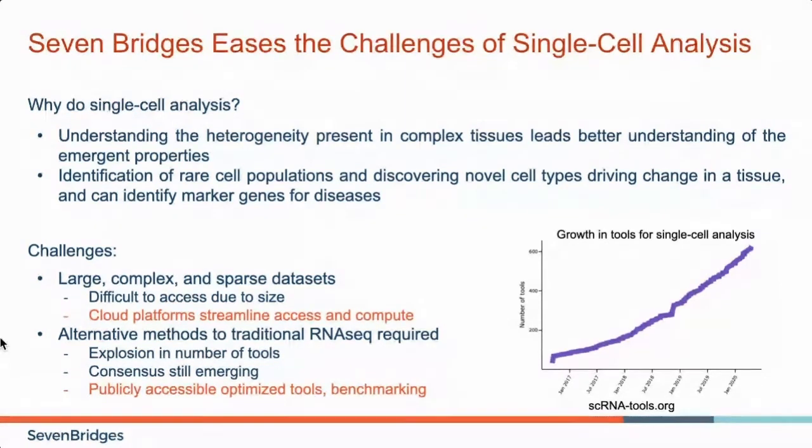And by looking at things individually, you can get greater insights from the smaller populations that are likely driving the true biological changes, like, again, for example, cancer stem cells. And you can also use these insights to identify potential marker genes for therapeutic targets or biomarkers.